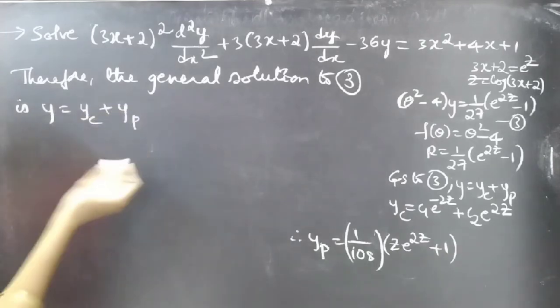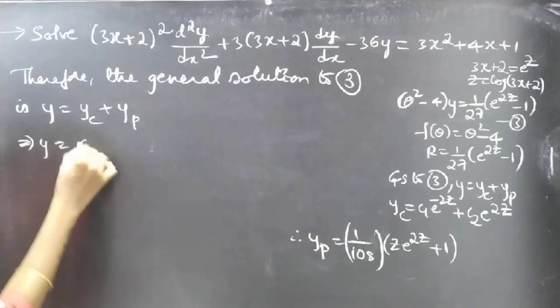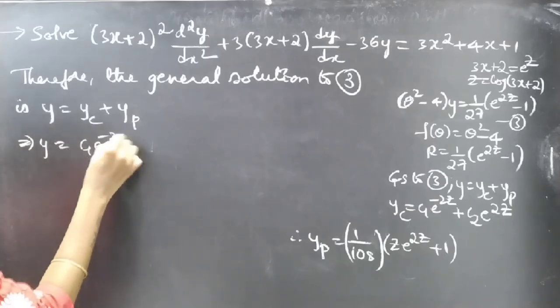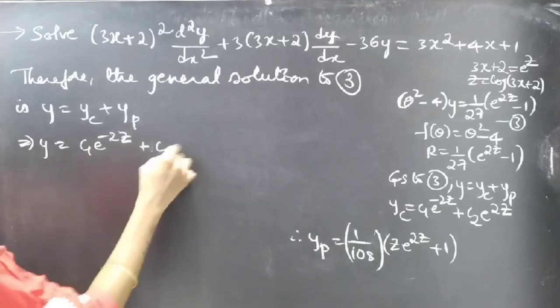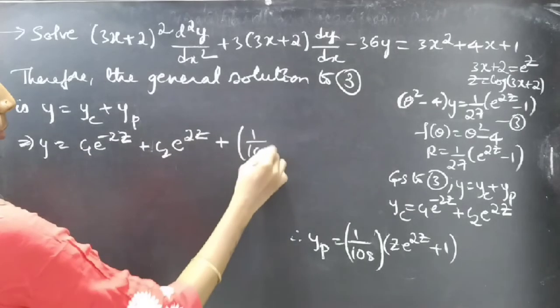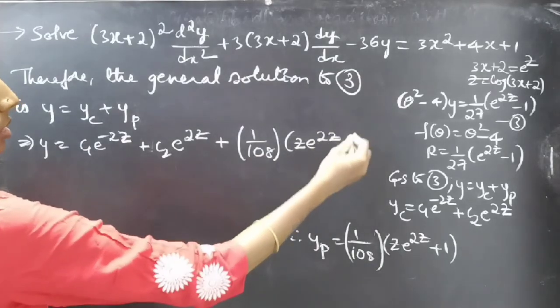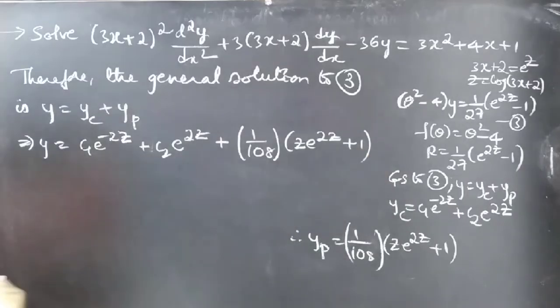We have yc and yp. Let's substitute it. We'll get y equal to c1 e power minus 2z plus c2 e power 2z, and yp is plus 1 by 108 into z e power 2z plus 1.